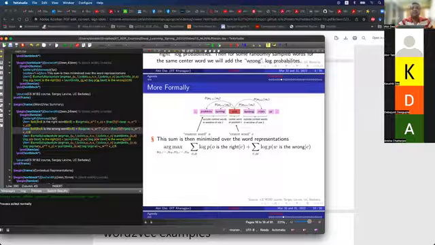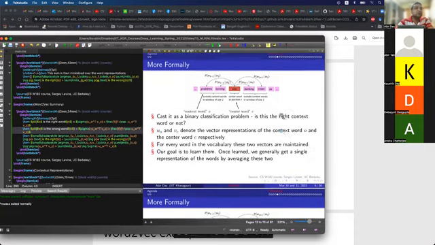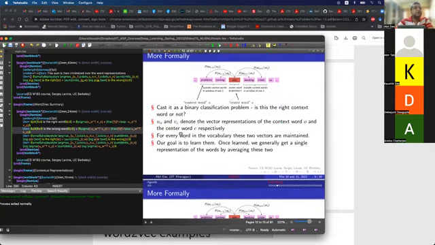Yes, sir, clear. So then the example which you gave, if there is a 10,000 word corpus, in total we will have 20,000 vectors. Exactly. So then the vectors may be more than that? No, the vectors correspond to the word. If you go to this slide, for every word in the vocabulary these 2 vectors are maintained.